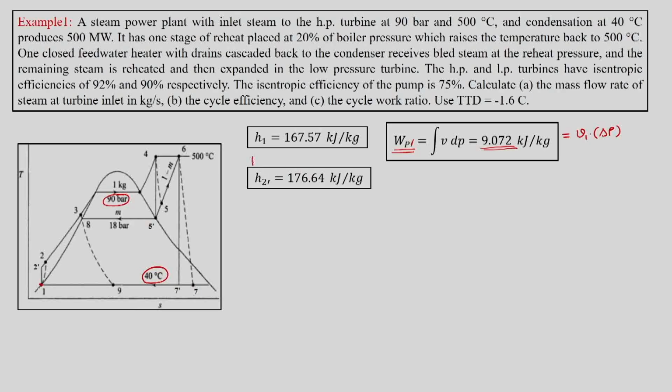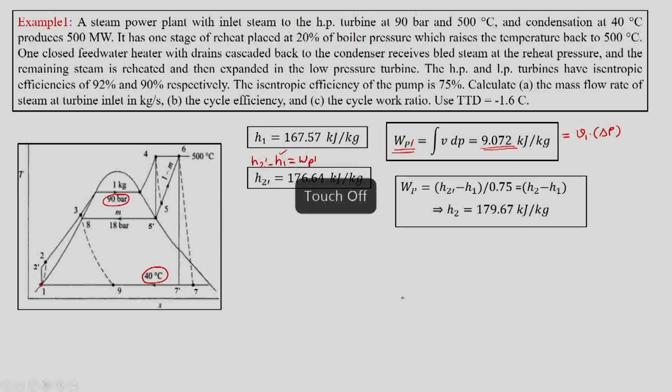Basically H2 dash is found from the fact that H2 dash minus H1 is equal to delta P dash, and delta P dash is evaluated using this formula. H1 is known, so then we can find H2 dash. Then we know that actual pump work is ideal pump work divided by the efficiency of the pump.